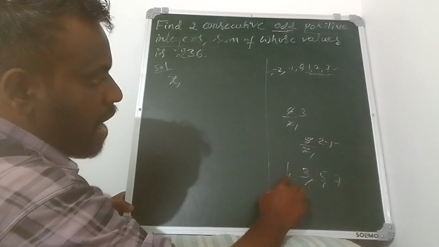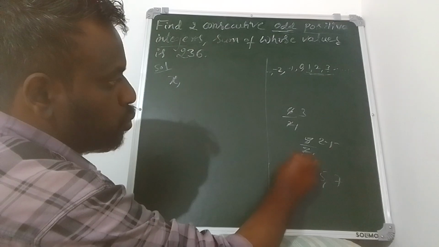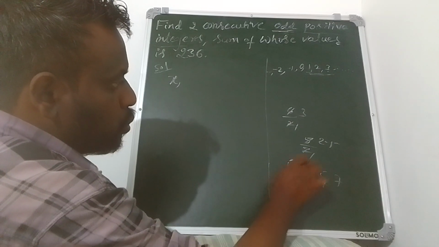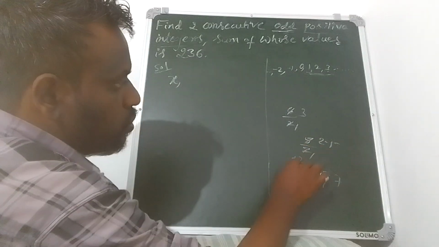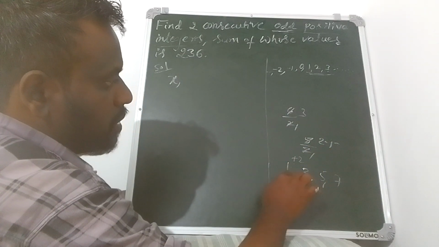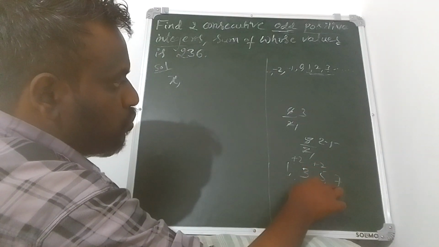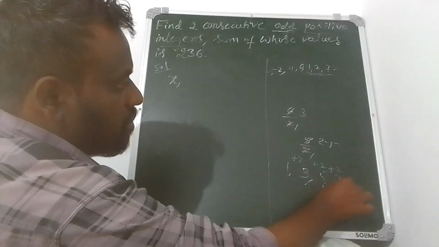Observe here, when we add plus 2 to 1, we get 3, because 1 plus 2 is 3. Similarly, 3 plus 2 is 5, and 5 plus 2 is equal to 7.